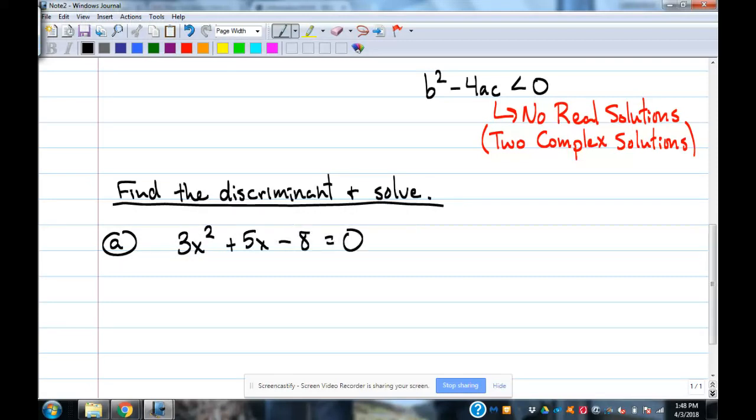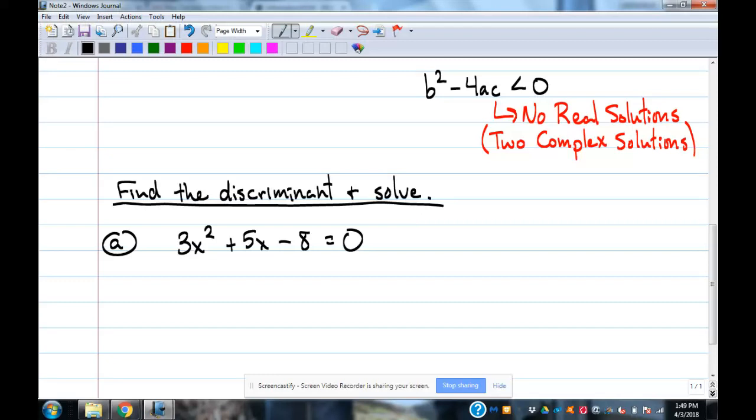The first thing that you want to do when you get one of these problems and they ask you to solve it is first check to see if it's equal to 0. Is it equal to 0? Yep. Good. We've got the right thing going on.